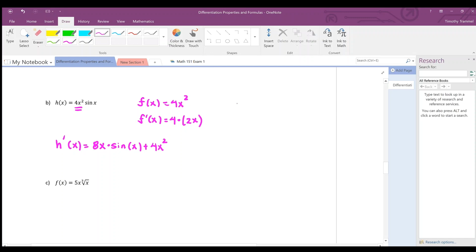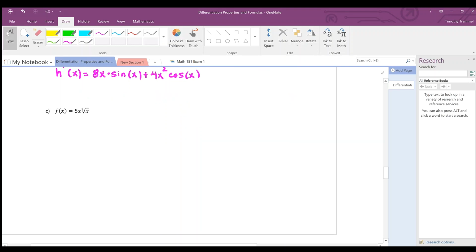And again, I said that our second function, which we'll call g, is sine of x. And now we're going to need its derivative. Well, the derivative of sine of x is cosine of x. So this 4x squared here is going to wind up being multiplied by cosine of x. And there is our derivative.